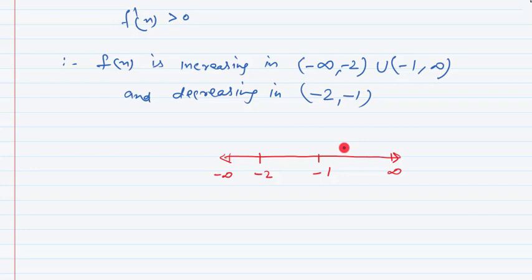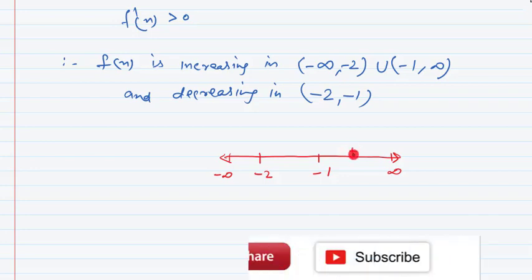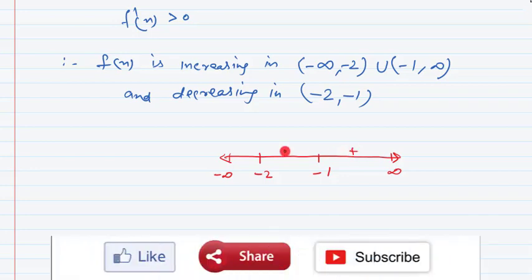So here f dash x is having a positive value. So let us start with a positive sign over here and then change alternately. So minus and plus and then again minus. Clearly there is no need to take this sign because we are up to minus infinity only. So it is clear that minus infinity to minus 2 the sign is positive, minus 1 to infinity the sign is positive.